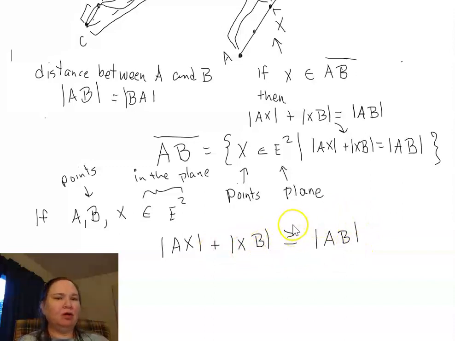It can be longer or it can be equal, but you can't ever get there faster by going to point X first and then to point B, because we're defining this segment to be a shortest path.